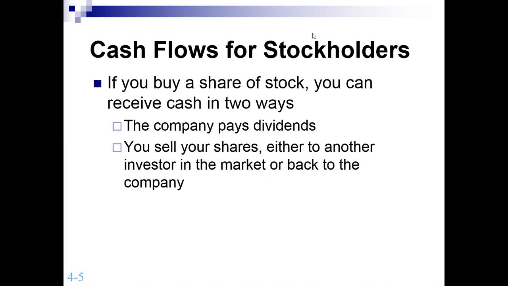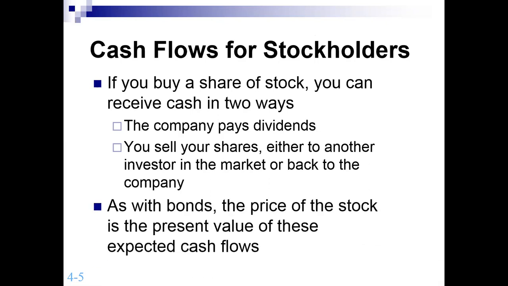And simultaneously, after receiving the dividend, if the investor is planning to sell the stock, naturally he will sell it at some price. So there are two cash flows that an investor will receive, one in the form of dividend and the second in the form of stock price.